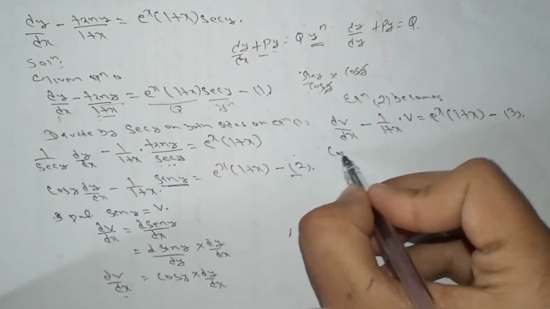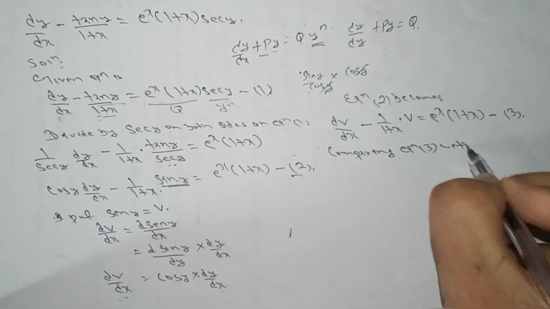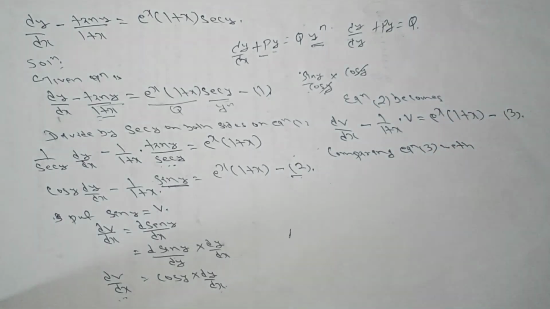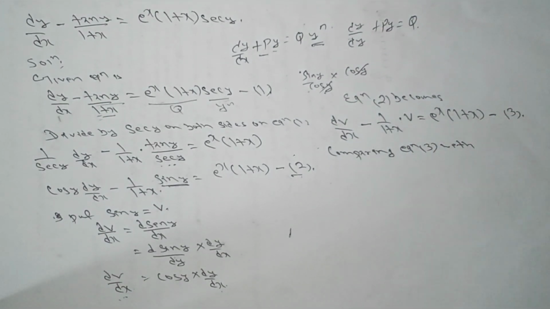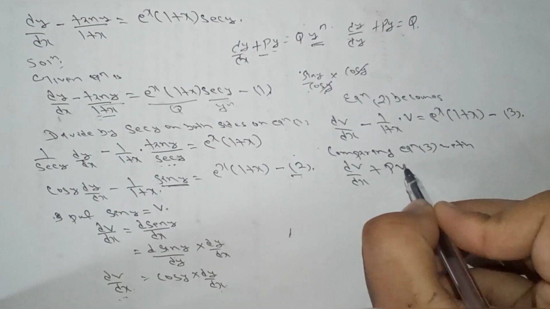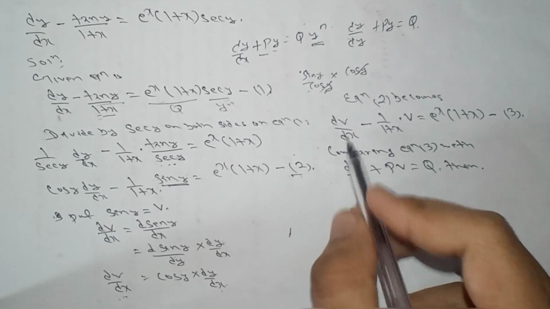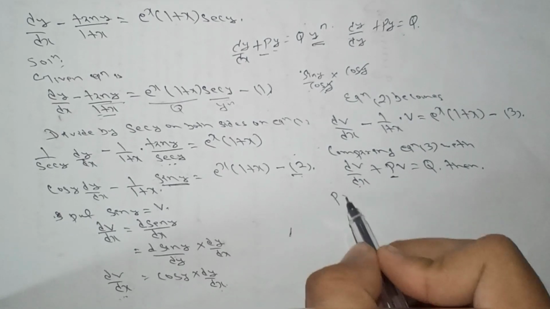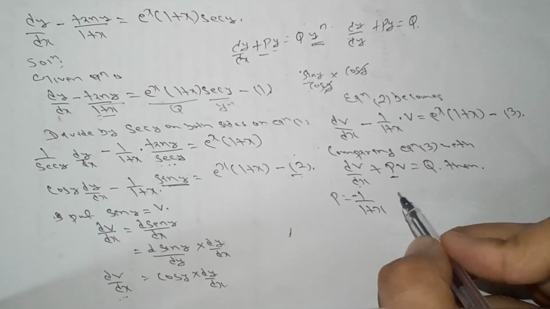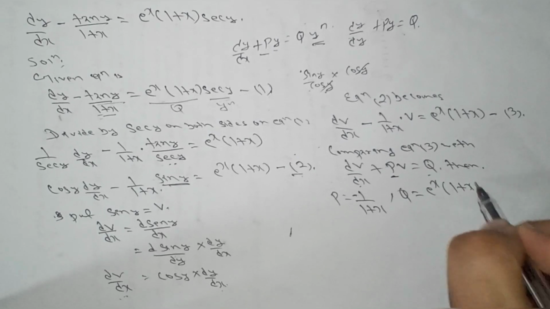So comparing equation 3, as this equation is in terms of b and x, and we have db by dx, we can write db by dx plus Pb is equal to Q. Then we obtain P is equal to minus 1 by 1 plus x, so here the sign is minus, and in the Q part we have e power of x into 1 plus x.